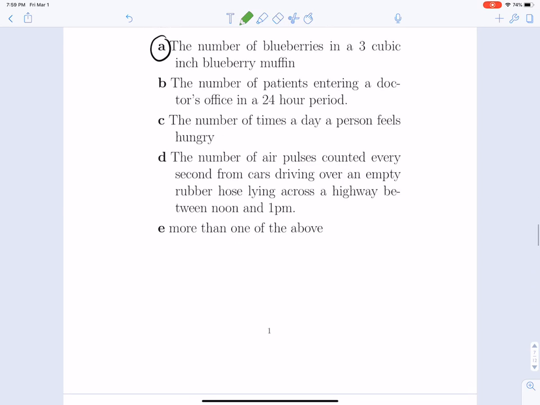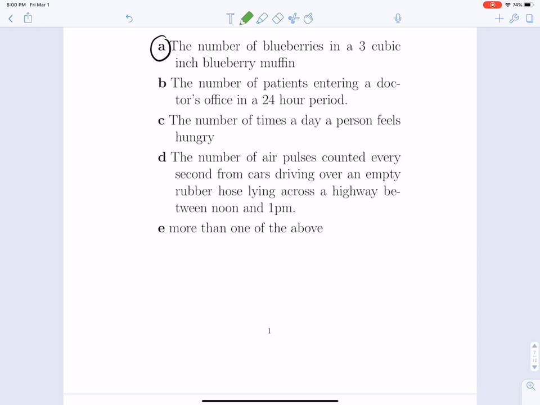And the number of air pulses counted every second from cars driving over an empty rubber hose lying across a highway between noon and 1 p.m. violates in a couple of ways. One is because our trials are every second, it's very conceivable that we'll get multiple air pulses in a second.